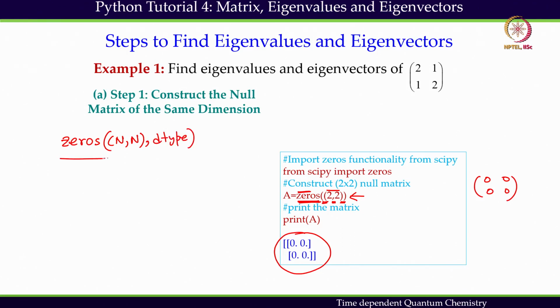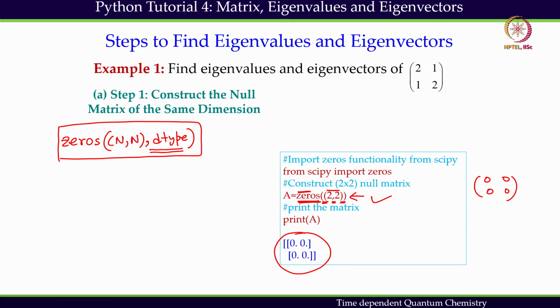We haven't used this dtype option because it is optional. But if we use that, then it is actually defining what kind of data type I need, whether a floating data type or an integer data type, we can define it. But I am not using it here.